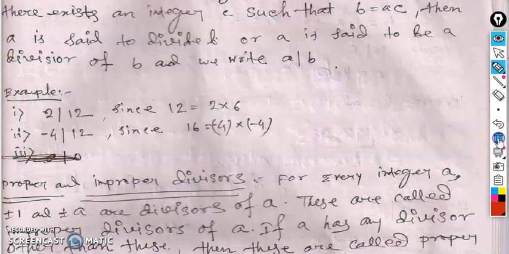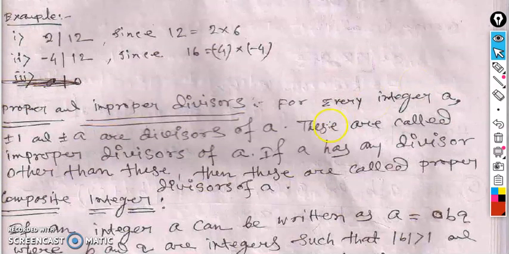Now we recognize two different types of divisor: the proper divisor and the improper divisor. If we divide an integer by the same integer, it is divisible. When you divide 6 by 6, 6 is a divisor of 6. Again, 1 and minus 1 are also divisors of 6.